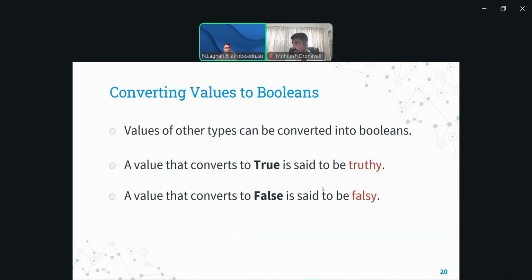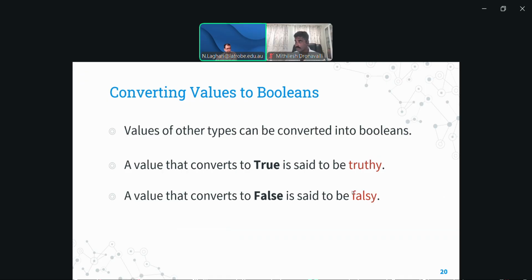You can also convert other numbers or strings to these values. A value that converts to true is called truthy, and a value that converts to false is a falsy value.